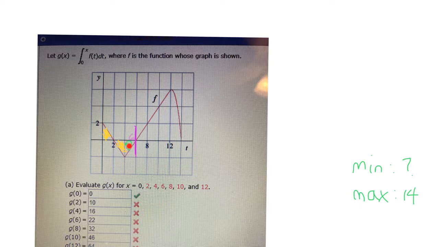And then on top of that, we're adding this green triangle. The green triangle has an area of negative 1, so that was negative 1 on top of the 0 we already had. So the cumulative total was negative 1.